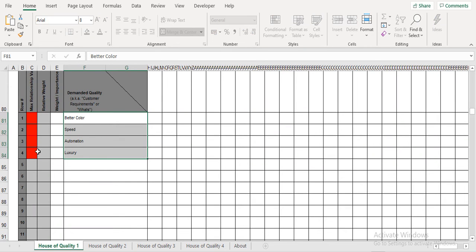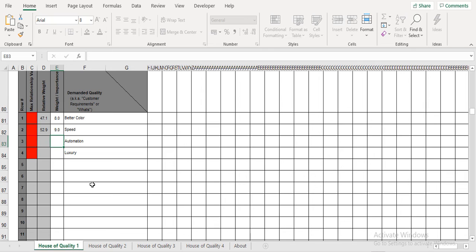The same feature is provided here. The relative weight value is obtained based on the total values and the given values, and the maximum relationship comes from the values we give in the relationship diagram. Let us confine ourselves to weight and relative weight. I will give 10 out of 10, which is 80% important. Speed is very important, maybe 90%.